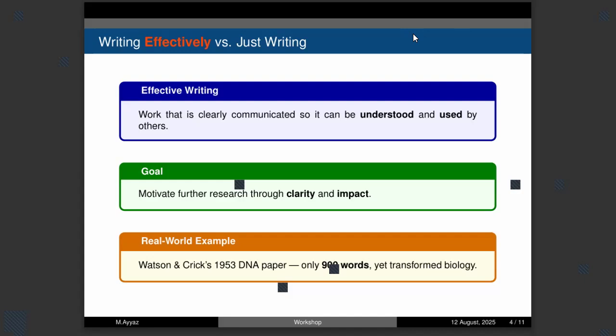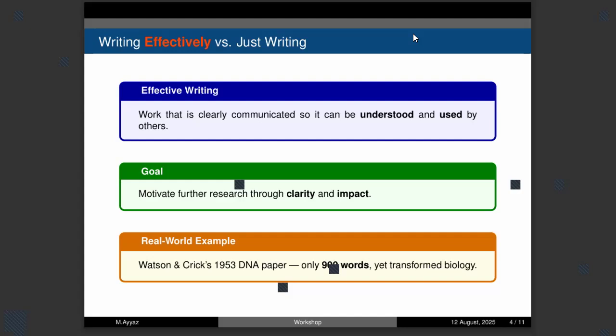And consider the paper of Watson and Crick, which was published in 1953. Now the message or the idea that they conveyed through this paper has become the cornerstone and fundamental concept in the field of biology and life sciences.